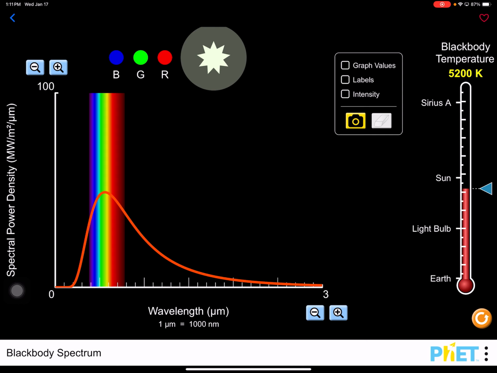You guys have been to a doctor's office and they measure your temperature using a thermometer like that, and that's what they're doing. They're measuring the intensity at 3 different wavelengths, and then they fit the curve. So this is how you know the temperature of the surface of the sun.